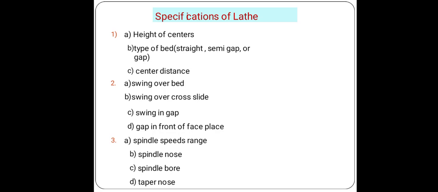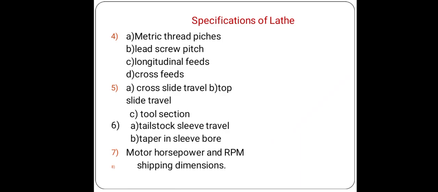Then spindle speed range, spindle nose, spindle bore, taper nose. Then metric thread pitches, lead screw pitch, longitudinal feed, cross feed, cross slide travel, top slide travel, then tail sleeve travel, taper in sleeve.